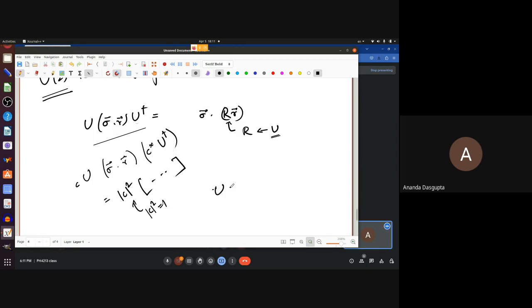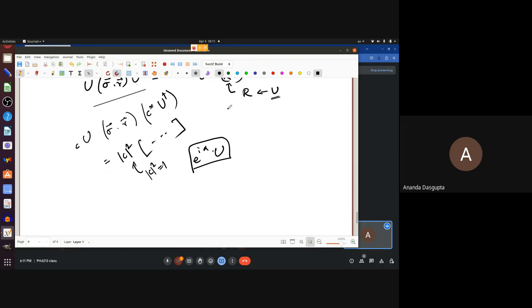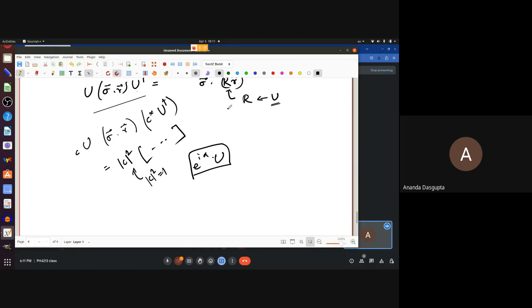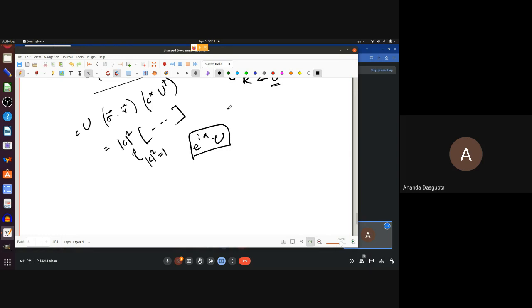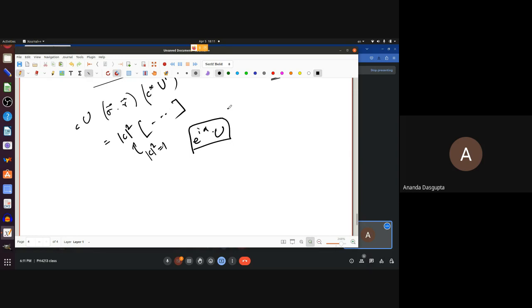That is essentially obvious from this. If U is unitary, then e to the i alpha times U is also unitary, right? And e to the i alpha times U produces exactly the same result as U does, because you have both U and U dagger, so the e to the i alpha cancels. Okay? Clear?